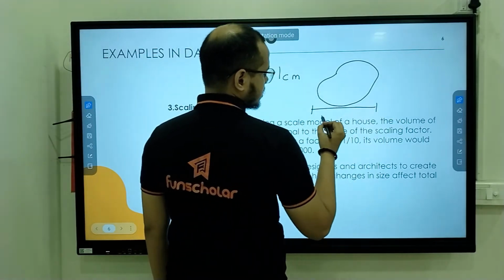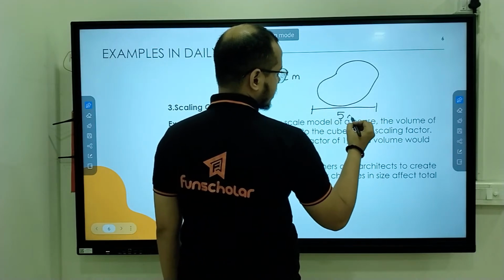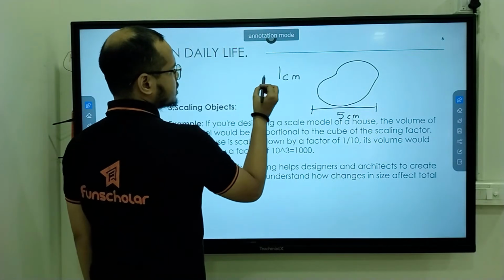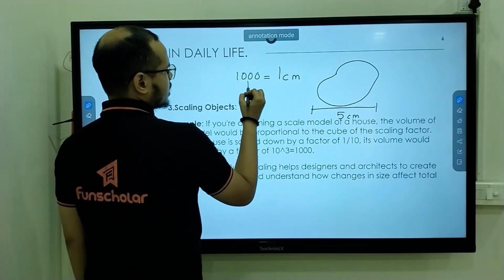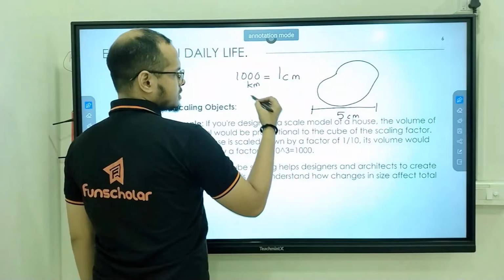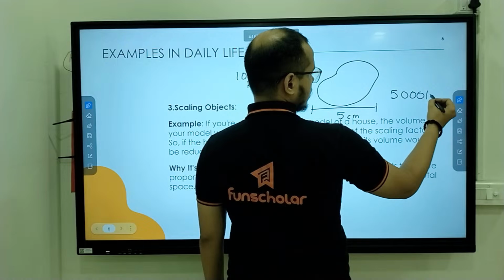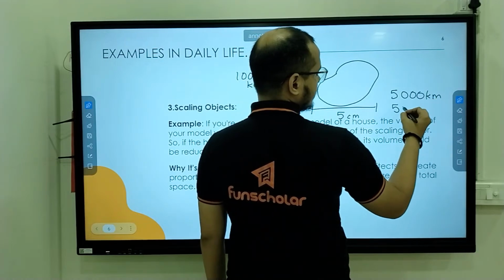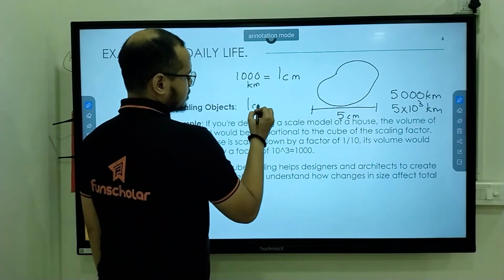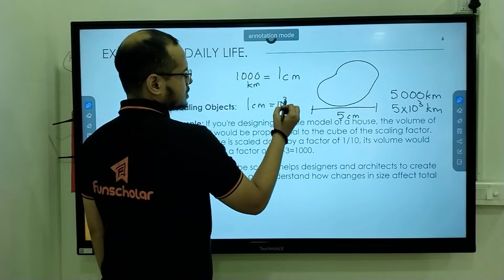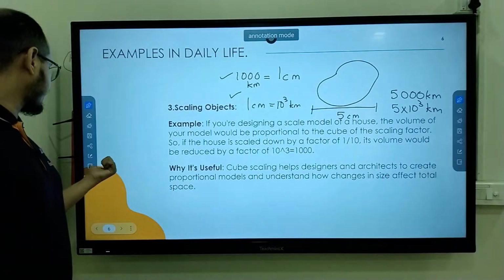This entire place I've written here is 5 centimeters, and here I'm going to write 1 centimeter is equal to 1000 kilometers. So 5 centimeters is in actuality 5000 kilometers. This can also be written as 5 into 10 to the power 3 kilometers. So here 1 centimeter is equal to 10 to the power 3 kilometers. This is the scale that we are talking about.